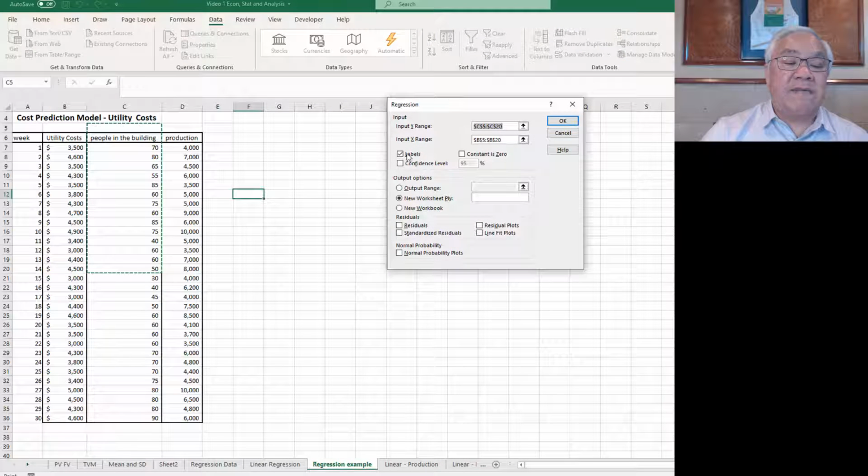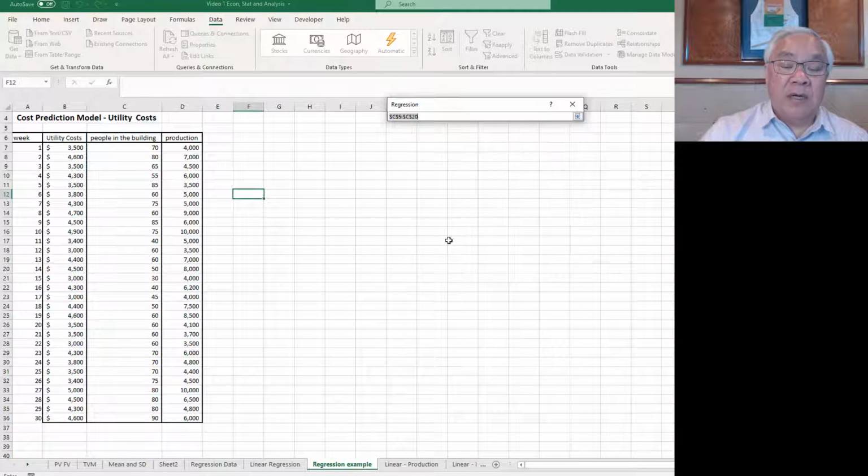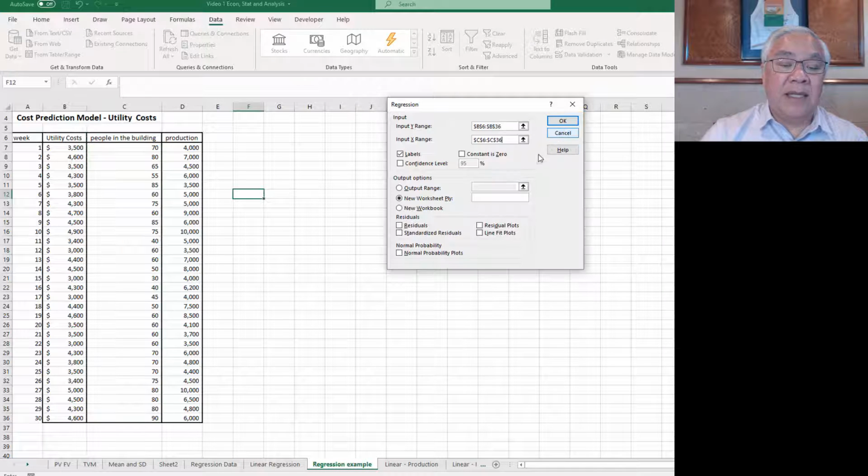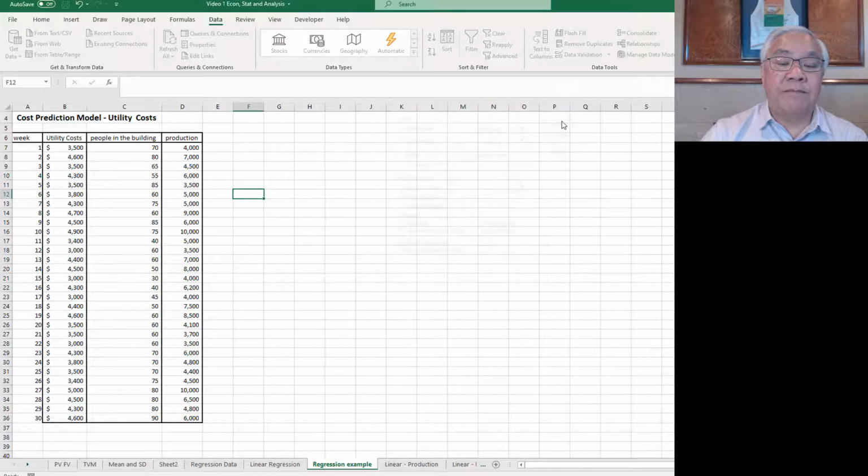We're going to specify the Y range, which is the dependent variable, what we're trying to explain, and we'll shade the utility costs, carefully getting the label all the way to the last data point. And then we're going to start with people. So let's shade, again, the label of people down to the last data point. And then we say go.